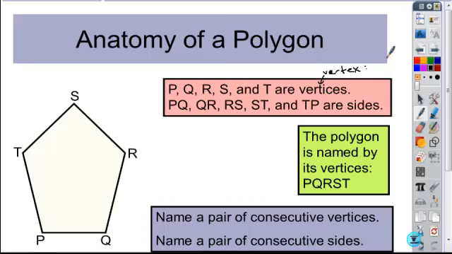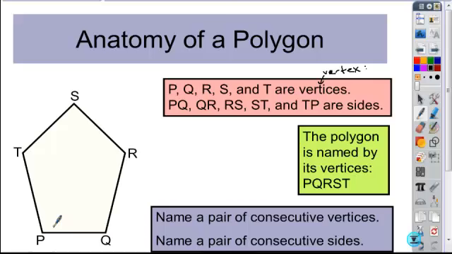Okay, so the vertices are labeled with points, and the number of sides and the number of vertices are exactly the same. So if you have, in this case, 1, 2, 3, 4, 5 points, this is also going to be a polygon with 5 sides. When you name a polygon, you name it by its vertices, and you can start at any point.